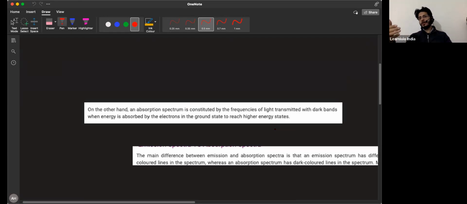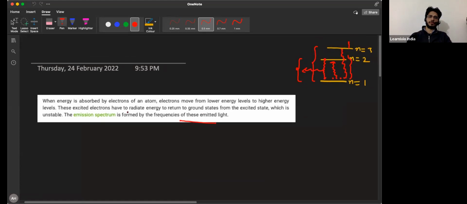We have to mathematically calculate the emission spectrum of the hydrogen atom. We will draw the emission spectrum of hydrogen. Please note it down.